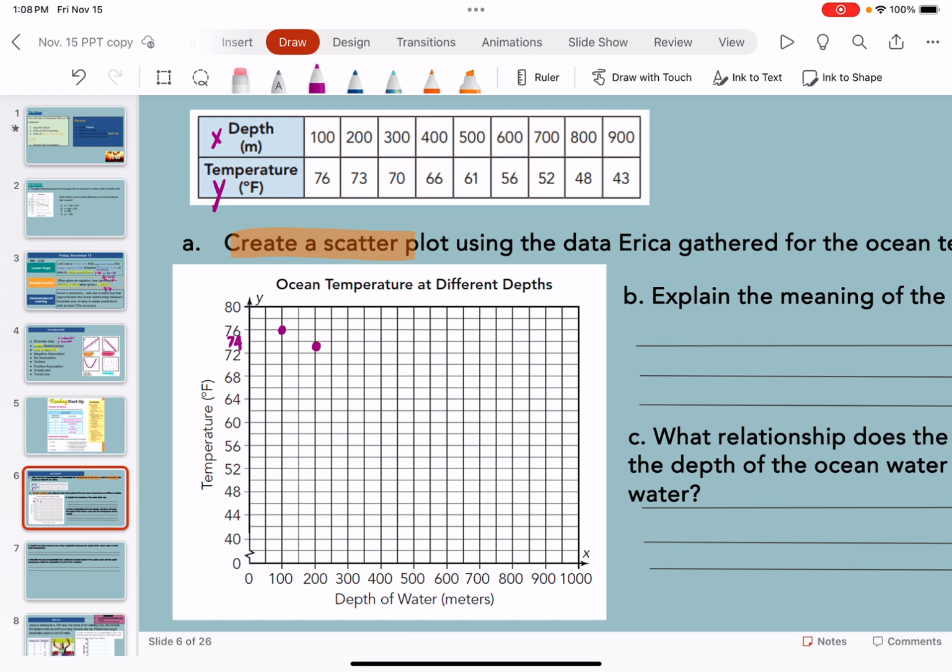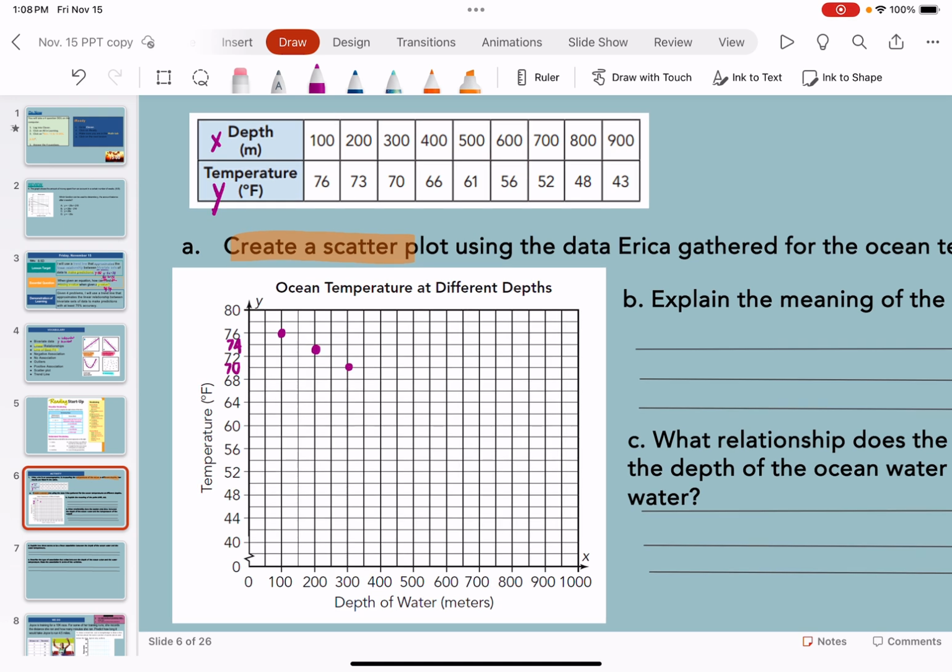Then we have 370. So find 300, go all the way up to try to find 70. Right now 70 is not labeled, but I know that between 68 and 72 has to be 70 because again, I'm counting by twos. Then we have 466. Again, 66 is not labeled, but I know that 66 would be in between the 64 and 68.